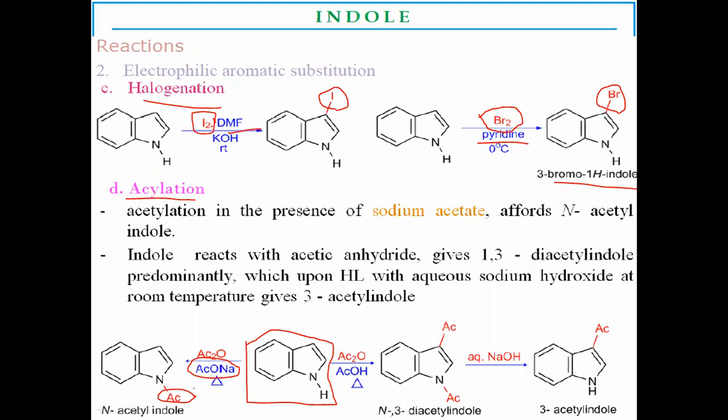Whereas instead of sodium acetate, we have to use acetic acid. There is formation of an N,3-diacetyl indole derivative, followed by reaction with aqueous base at room temperature, which forms 3-acetyl indole as the final product.